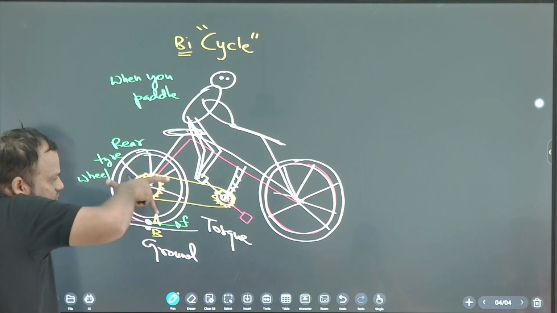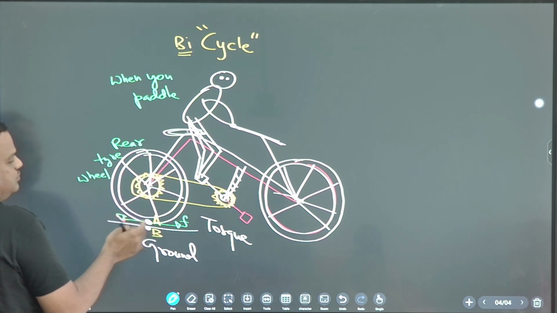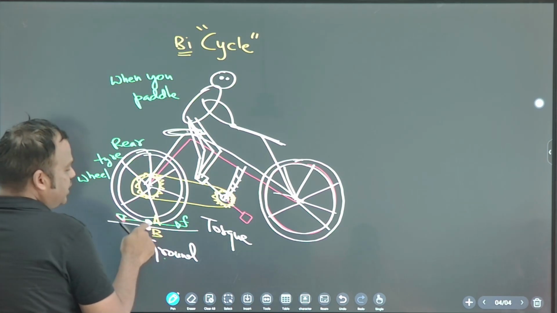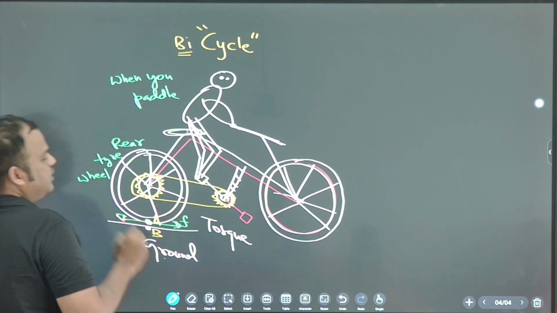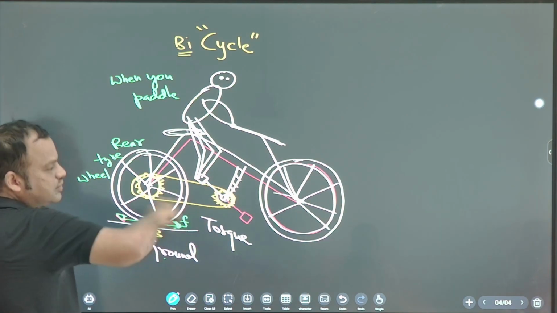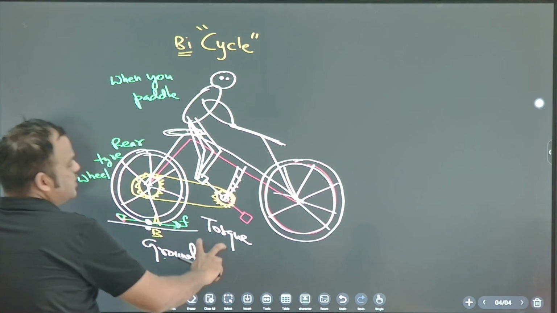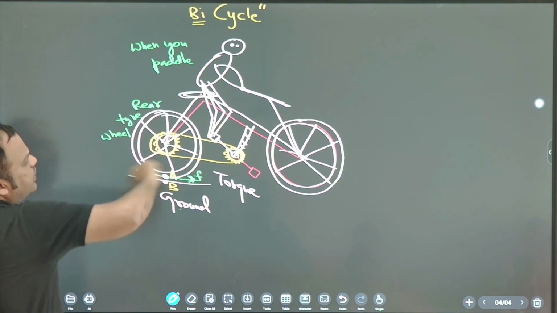It is rotating clockwise. So the lowest point is going to the left side. So the ground will exert friction where? Right side. So this is the friction. So friction is helping it. Understood? So this friction is helping the rear wheel to go to the right side.